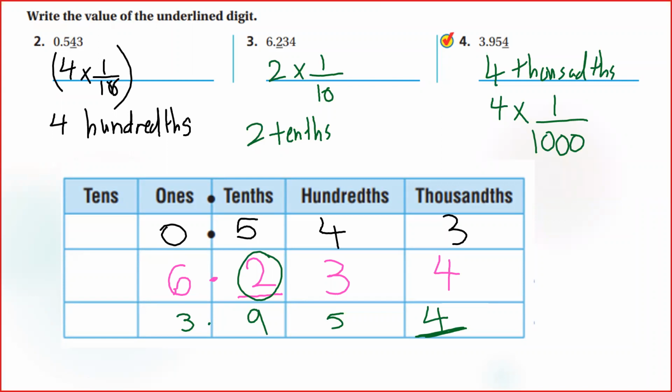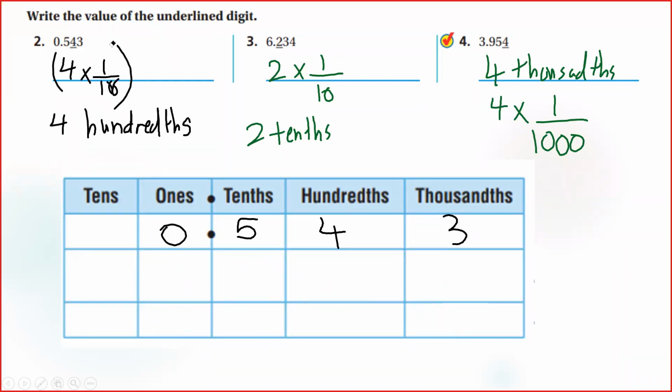Number 2. Okay, here what do we have? 0.543. Look at here. I will remove this now. What is the value of 4? Where's number 4? It's under the hundredths. It lives in the hundredths home. So I will say 4 hundredths.